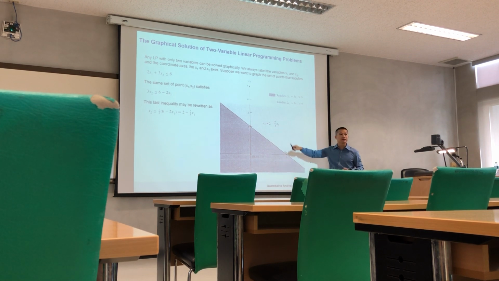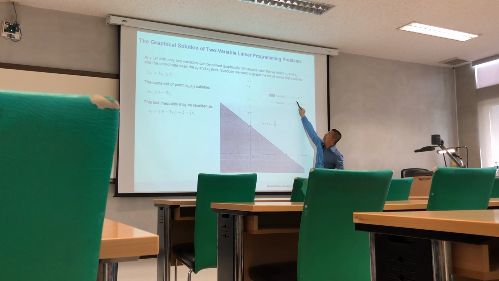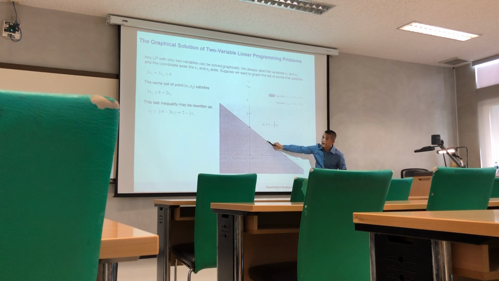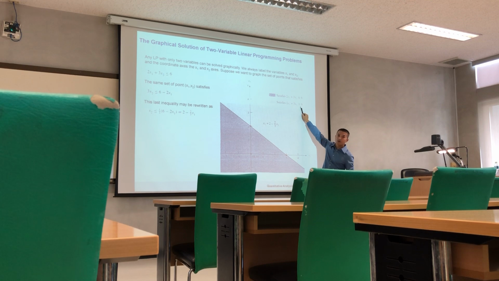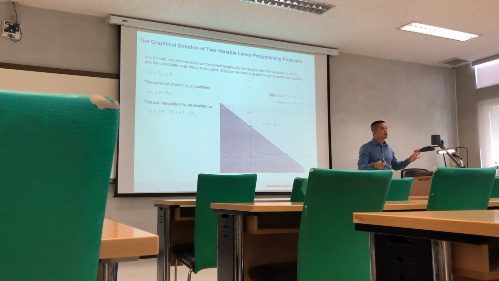Any point below this line satisfies 2x1 plus 3x2 less than or equal to 6. Anything above this line satisfies 2x1 plus 3x2 greater than or equal to 6. Any question?